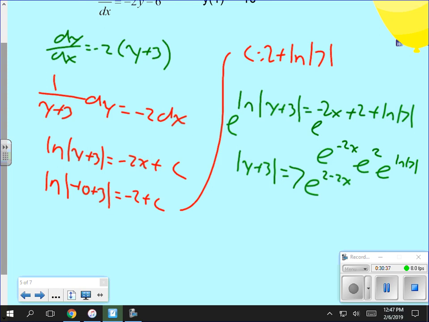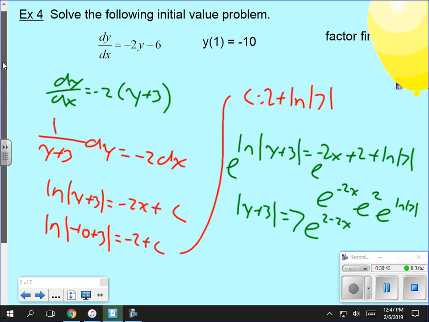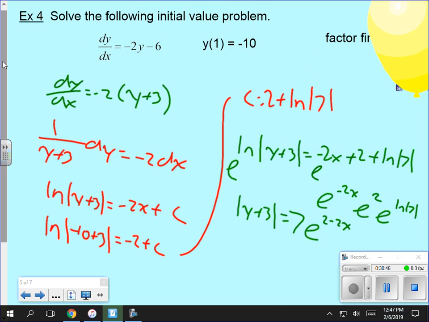Now we have to solve for y, and this is where it can get tricky. We have to look at our initial condition about losing the absolute value or not. y of 1 equals negative 10. If I put 1 in here for x, I get 7. So I get absolute value of y plus 3 equals 7.